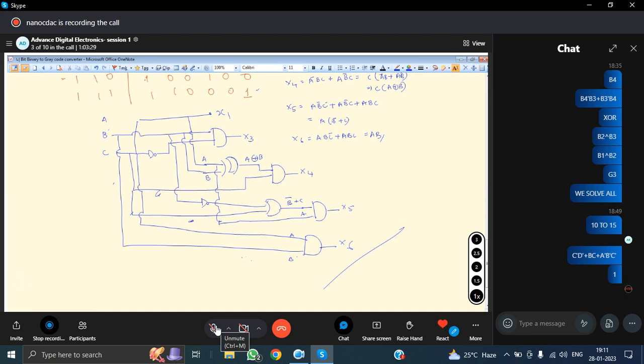ఓకే, సో దీస్ ఆర్ ద థింగ్స్. నెక్స్ట్ వన్ ఇస్ we have parity generators.